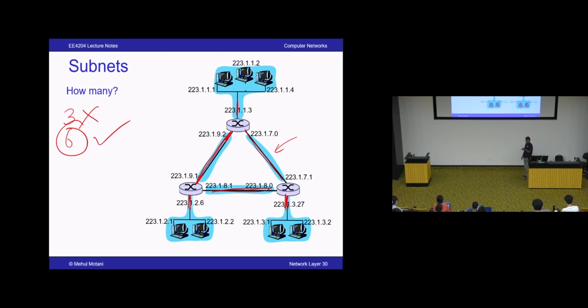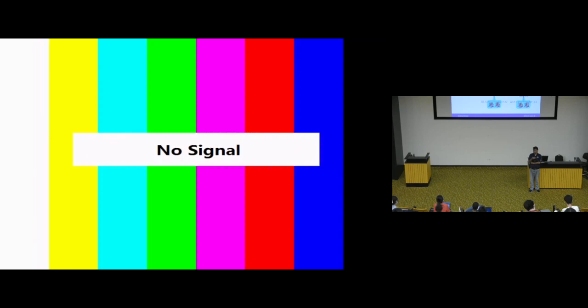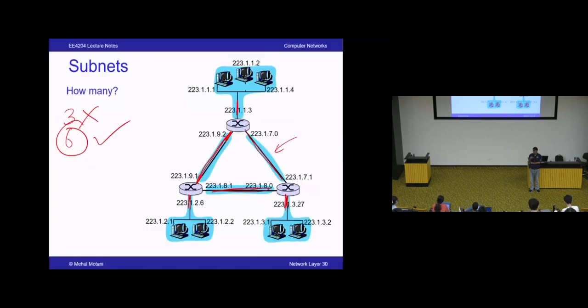Okay, so remember, every interface of every router creates a subnet. And that's what differentiates a router from a switch. The interface of a switch does not create a subnet. The interface of a hub does not create a subnet. The interface of a router creates a subnet. And you need to do routing.